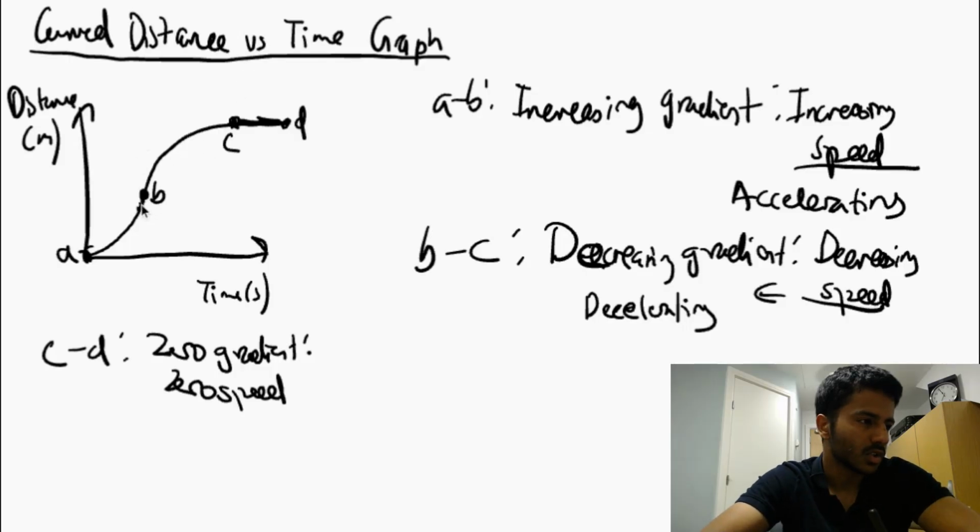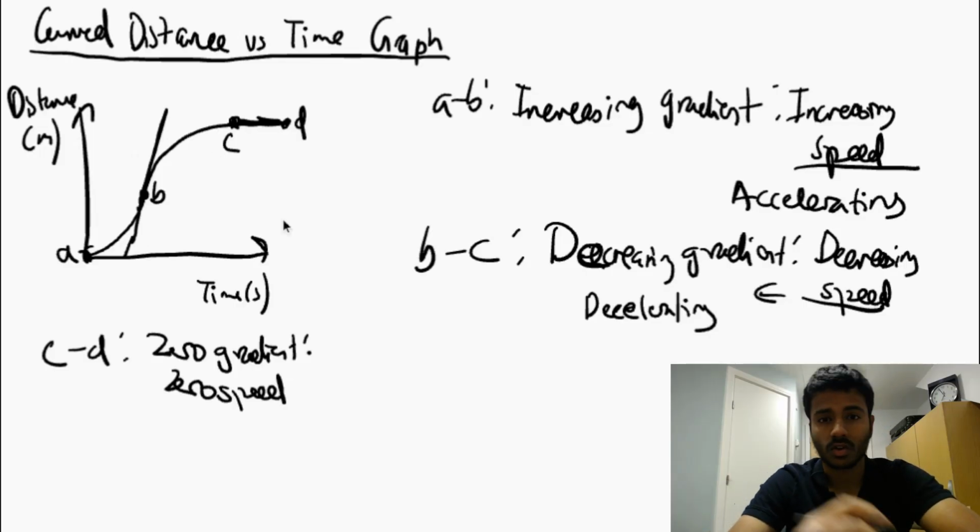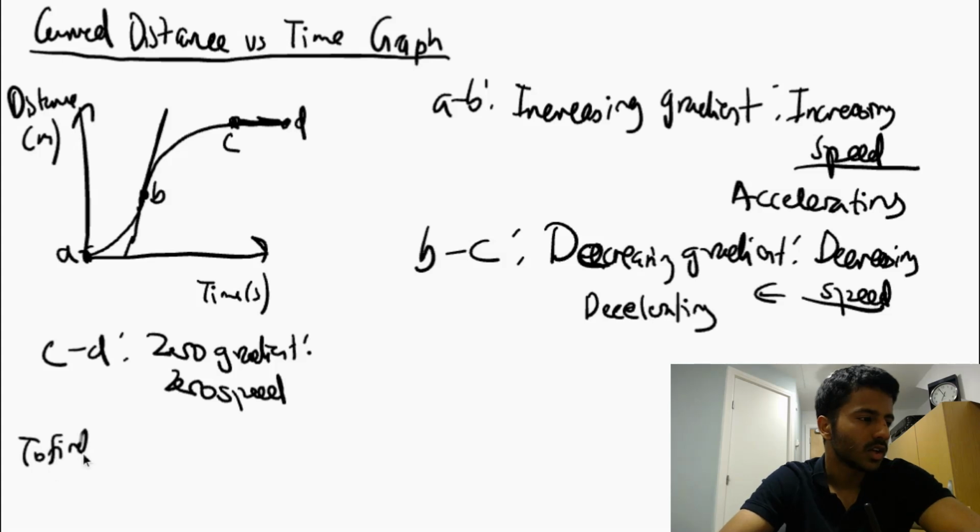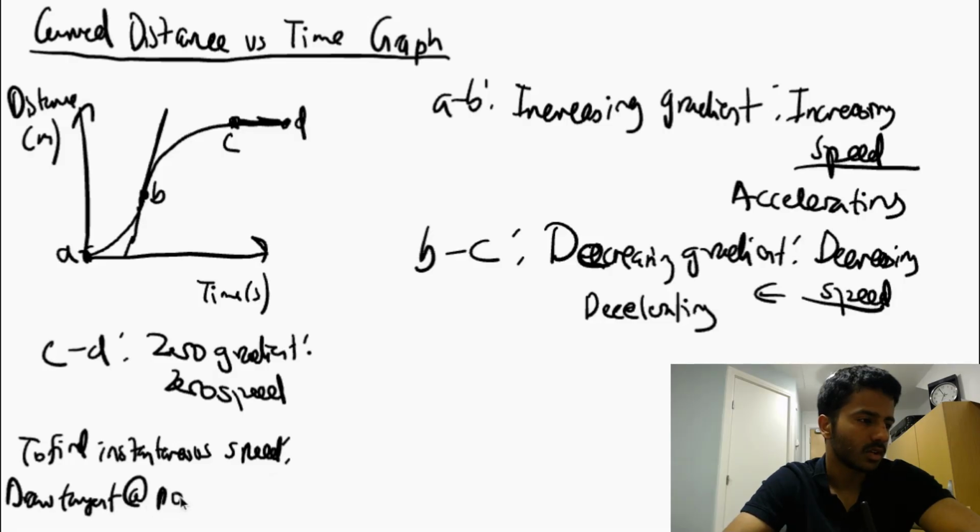But you try to draw a tangent there, and you work out the gradient of that tangent. So to find instantaneous velocity or instantaneous speed, draw a tangent at the point and work out the gradient.